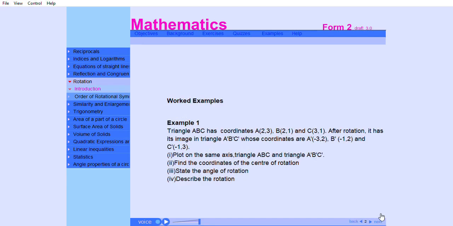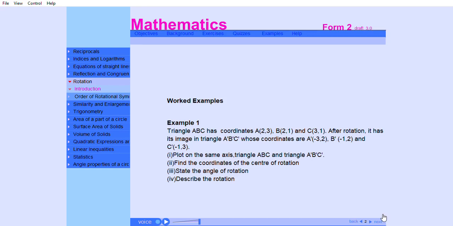Example 1. Triangle ABC has coordinates A(2, 3), B(2, 1) and C(3, 1). After rotation, it has its image in triangle A1B1C1, whose coordinates are A1(-3, 2), B1(-1, 2), and C1(-1, 3).